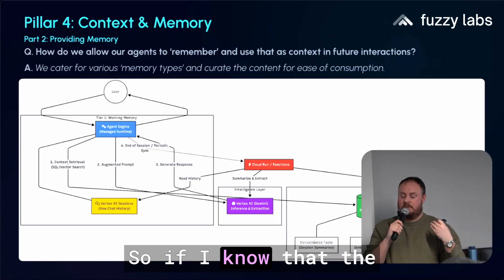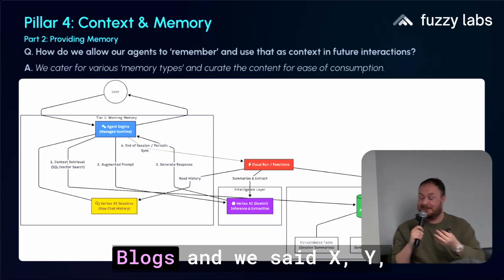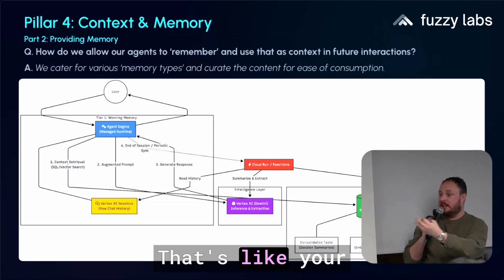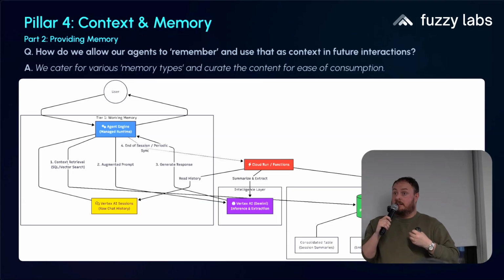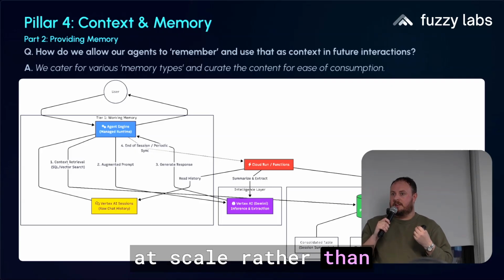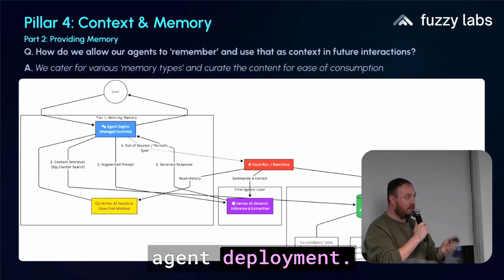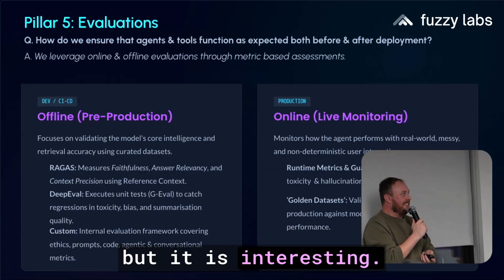So if I know that the last time I spoke to Joe Bloggs we said XYZ, I can pull on that. That's like your memory, right? And this is how we're trying to achieve that within AI agents, and trying to do it at scale rather than siloed to one particular agent deployment. And it's proving painful, but it is interesting.